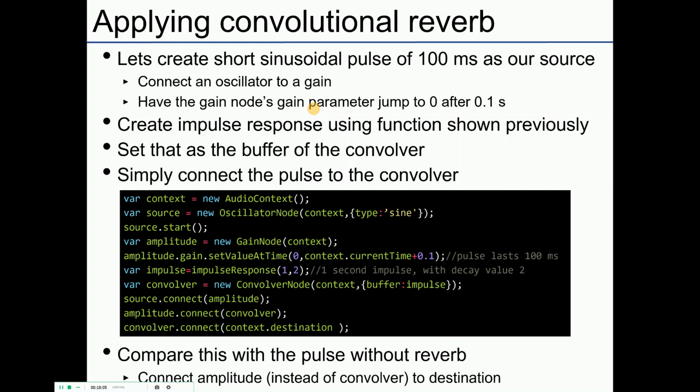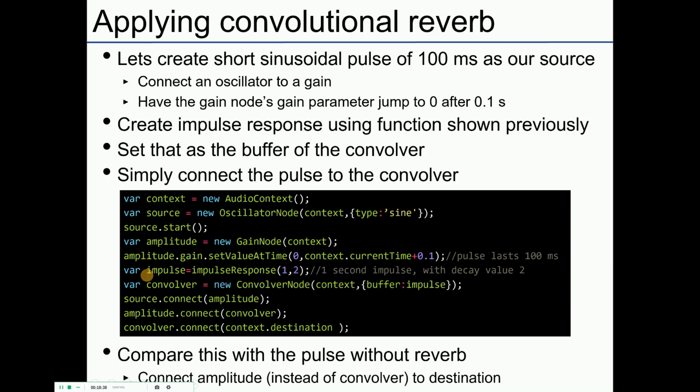I think playing around with things, I changed it from a sawtooth to a sine wave in the code, but didn't change it in this copy of the code. So we're going to create this short sinusoidal pulse of 1/10 of a second, or 100 milliseconds, and we are going to apply the convolver to this pulse.